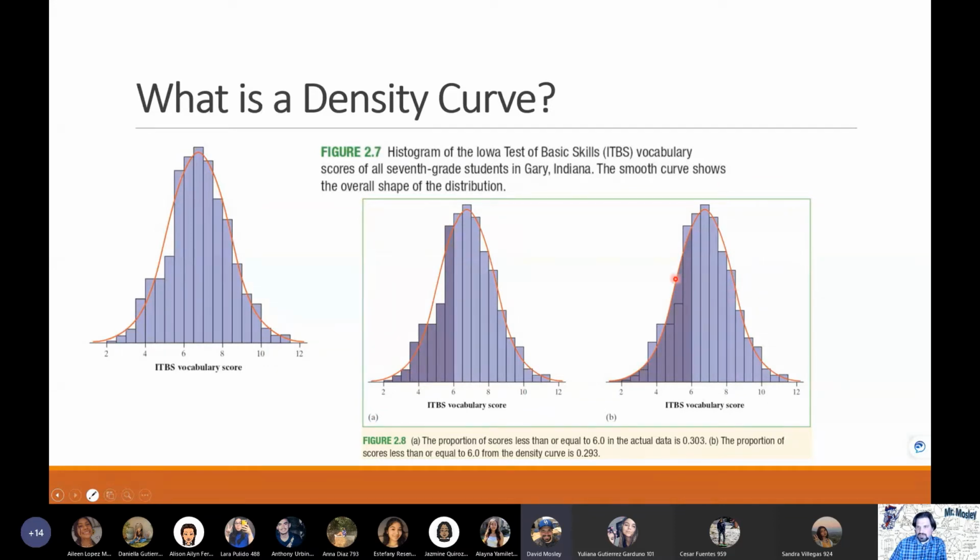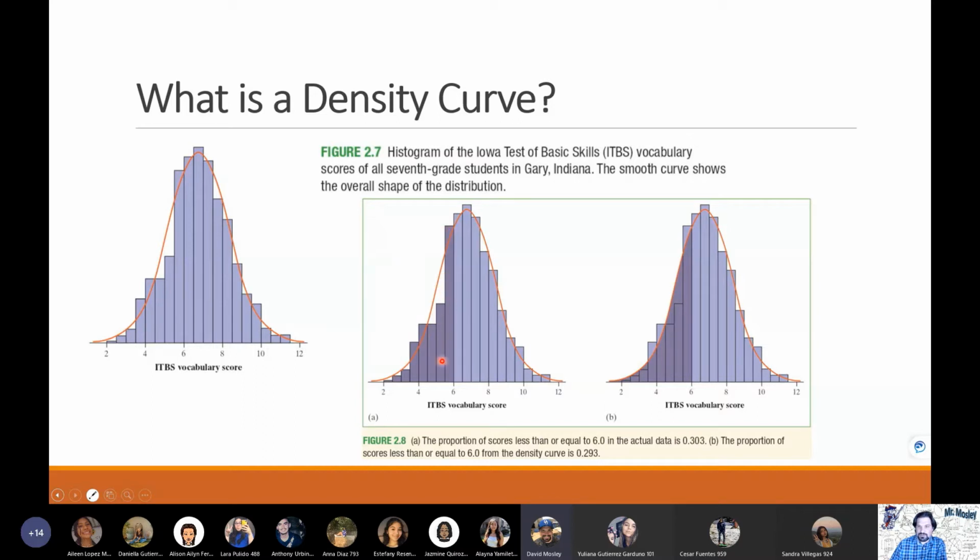We're showing these two graphs of the comparison over here to the right. It's the same graph again, the ITBS vocabulary scores. In graph A, the proportion of scores less than or equal to 6, so this point right here, in the actual data is 0.303, or about 30.3% if we want to convert that to a percentage.